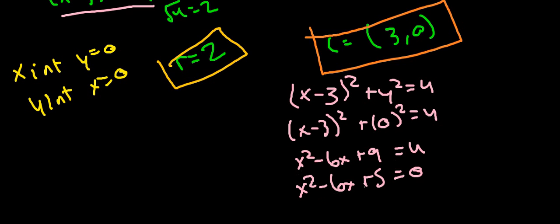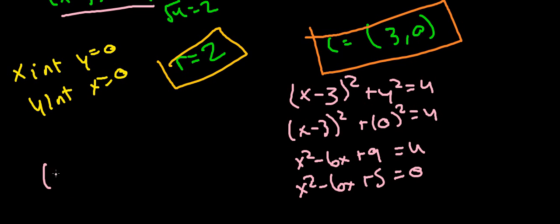Now I'm going to factor this. I need two numbers that multiply to be 5 and add to be negative 6. Those would be minus 1 and minus 5. Minus 1 times minus 5 is positive 5, and minus 1 plus minus 5 is minus 6.